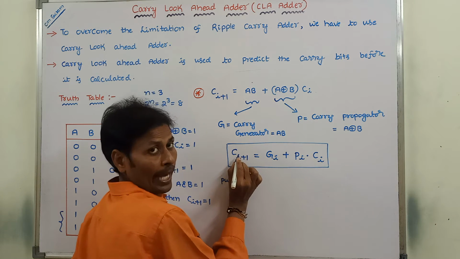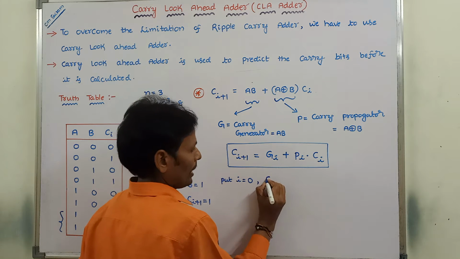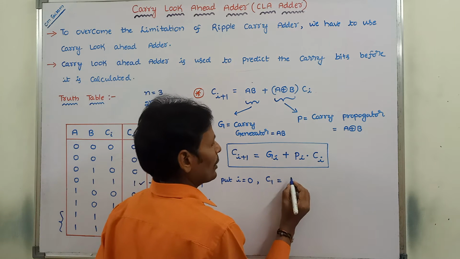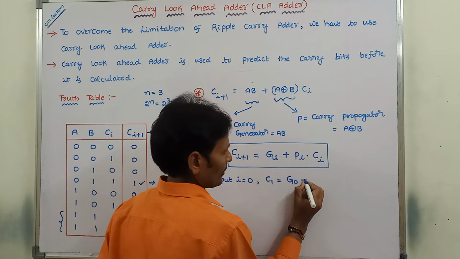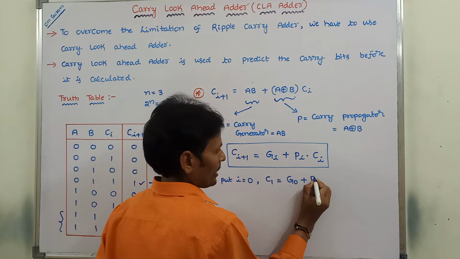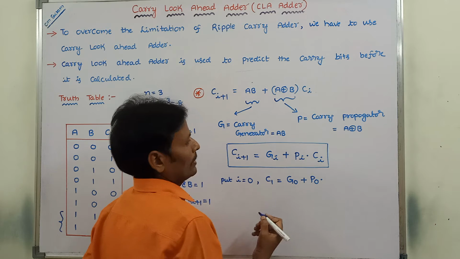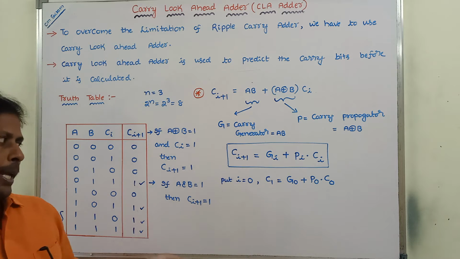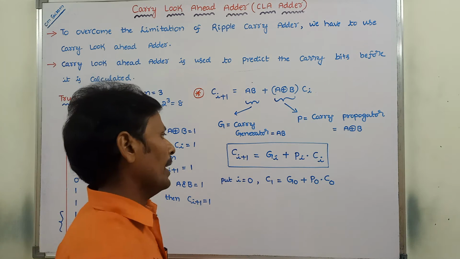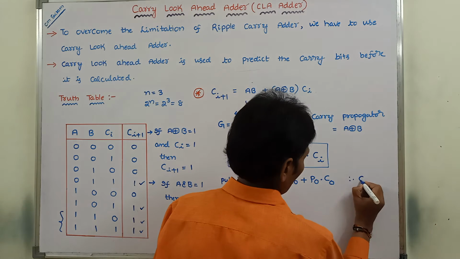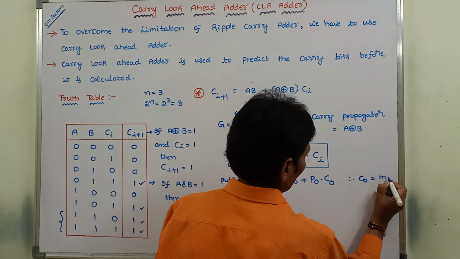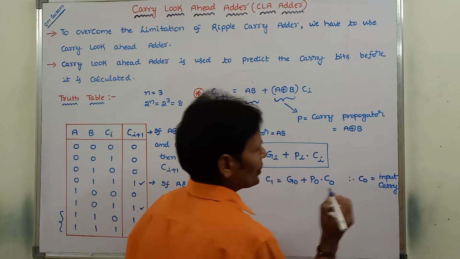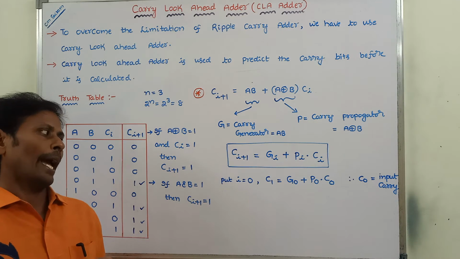After substituting I value 0, C suffix 0 plus 1 is nothing but C1. C1 is equal to, for I value 0, G0 plus P suffix I is nothing but P0. Next, C suffix I is nothing but C0. So here C0 is nothing but the input carry. Initially, the input carry value is equal to 0 in the 4-bit ripple carry adder.